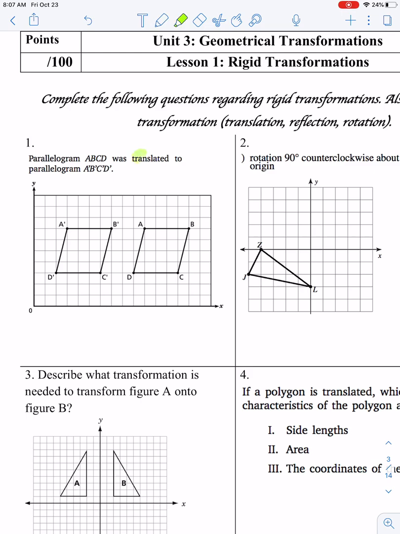Now, starting off here, I see translated, so that lets me know I want to actually do this one because we just talked about it. A, B, C, D was moved to A', B', C', D'. Something that's pretty cool about these is that all of your points are going to go together. So A is going to go to A prime, B to B prime, C to C prime, and then D to D prime.